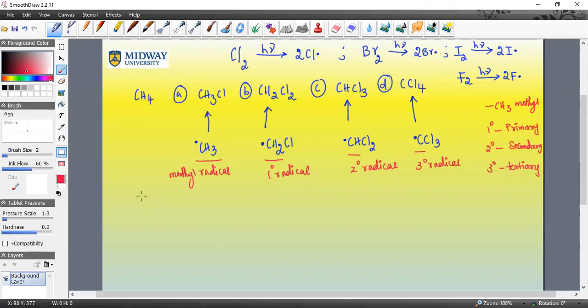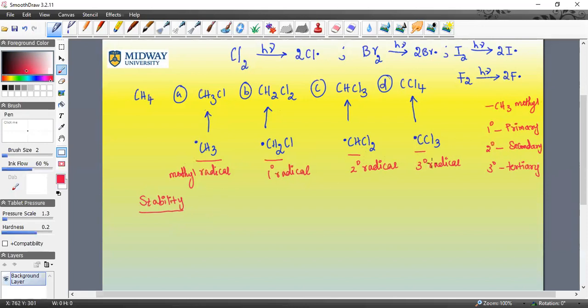Now we will talk about the stability. Whenever, say, a Cl dot encounters these 4 scenarios, let's say the Cl dot is right in the middle and it has 4 options that it can go to. Guess what? The first option it'll pick would be the tertiary, because the tertiary radical is the most stable.